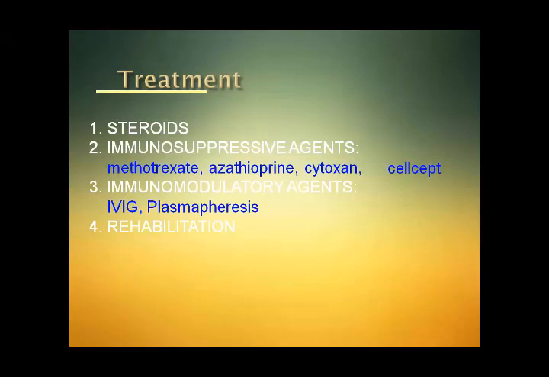You go for electromyography, which shows short duration action potentials, and you go for a muscle biopsy, which shows inflammatory muscle involvement with T cells, CD4 and CD8 cells, and you make a diagnosis of polymyositis.